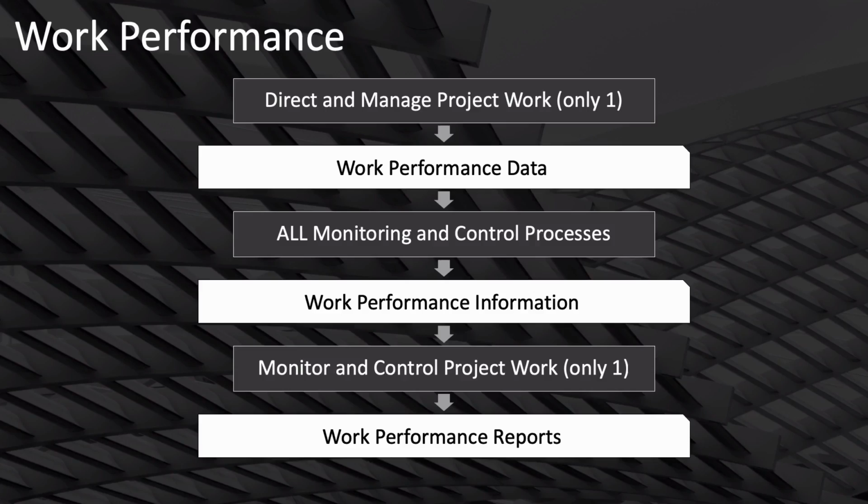And all of this work performance information from all these different monitoring and controlling processes is all funneled into the one and only monitor and control project work process, which is the only one that pulls all of this information together and generates work performance reports.